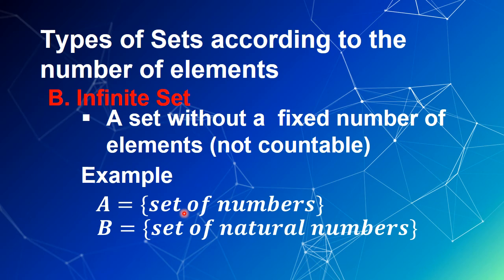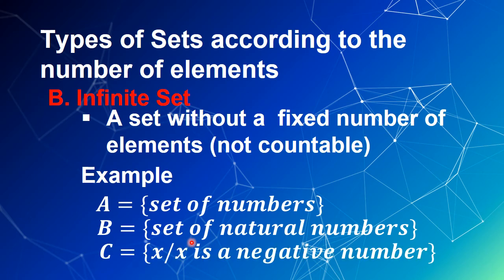Set of natural numbers. When we say natural numbers, these are what we call the counting numbers. This begins with 1 and it will be followed by 2, then 3, 4, 5, and so on and so forth. There is no end. So since there's no end, that is infinite.